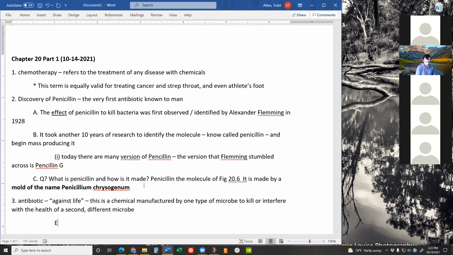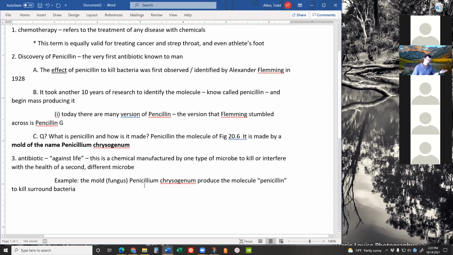In the case of penicillin, okay, the mold, which remember again is a fungus, Penicillium chrysogenum, produced the molecule penicillin to kill surrounding bacteria.